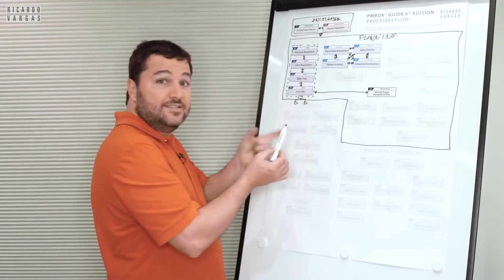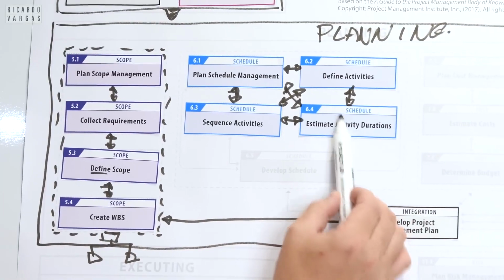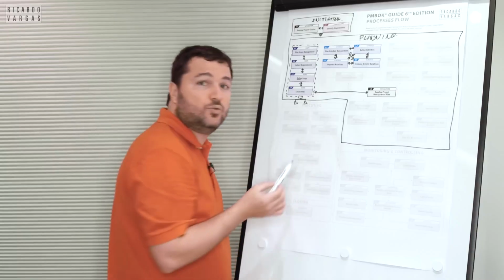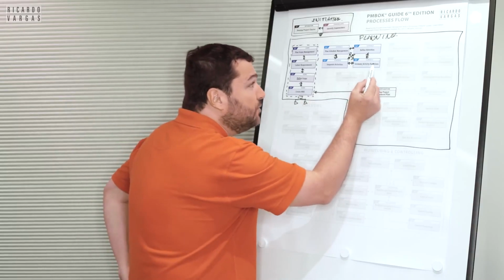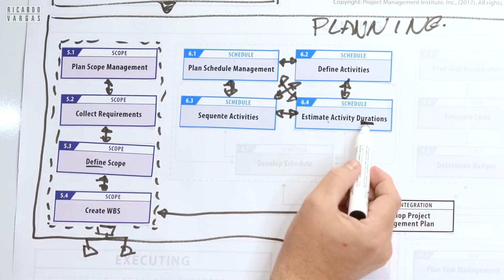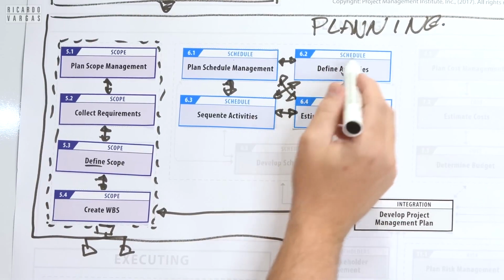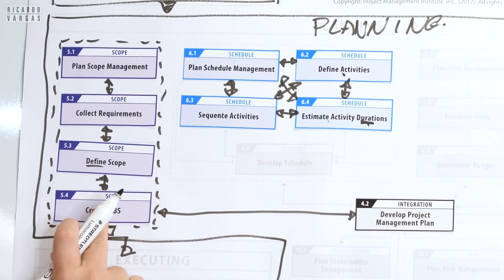So this technically cannot be seen as waterfall, because we go back all the time to revisit. Maybe you are putting a duration here and you see, oh God, I forgot another activity, and then you need to come back. And most of the time you may come back here.